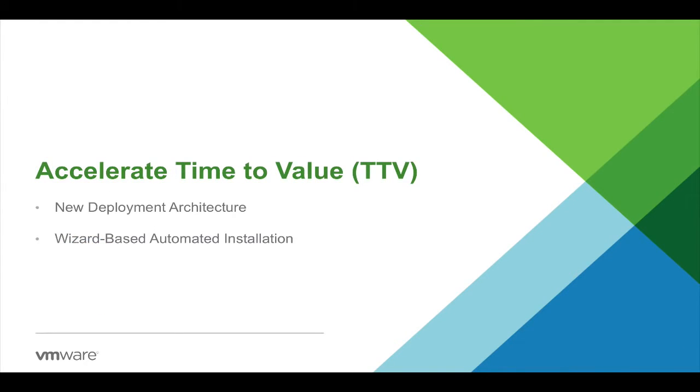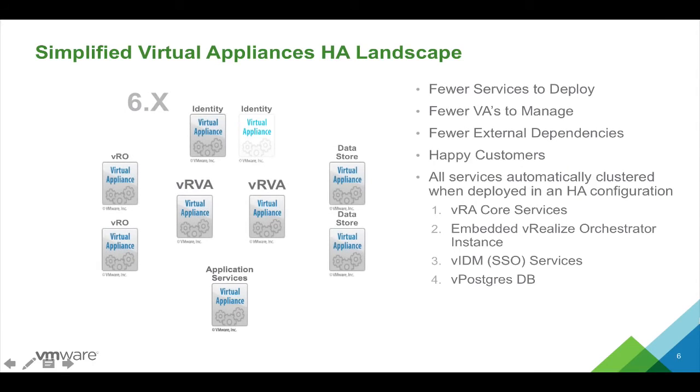First and foremost is the platform itself, the usability of the product, and the overall user experience. And with the user experience in mind, one of the key objectives for vRealize Automation 7 was to reduce the overall complexity and increase the time to value for our customers. And that starts with the architecture itself.